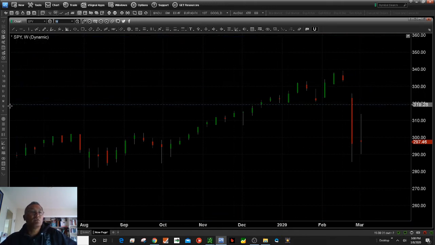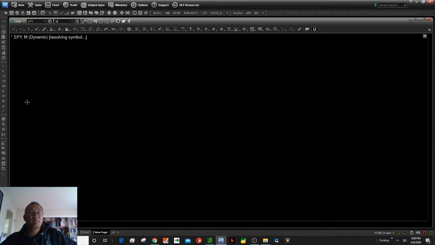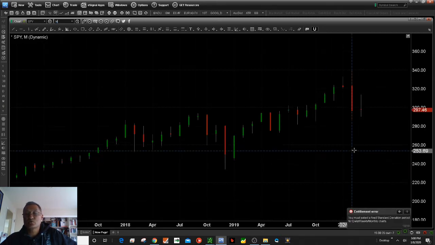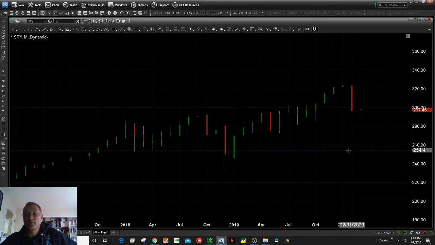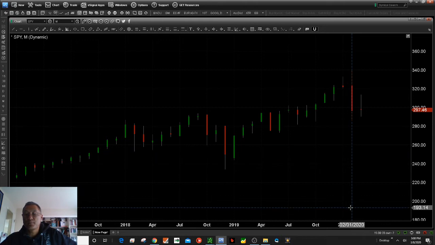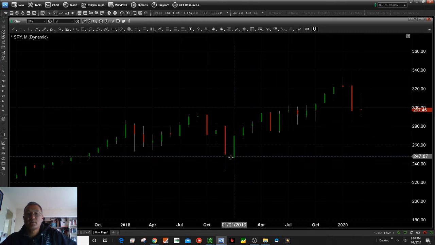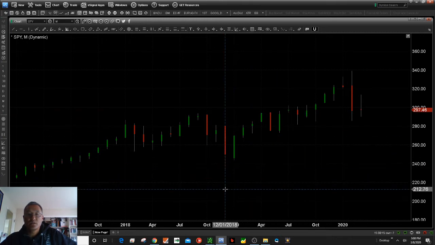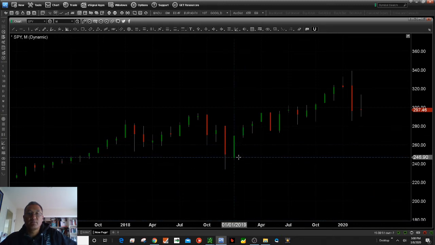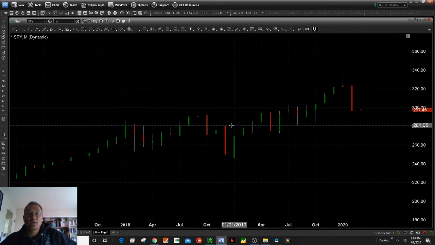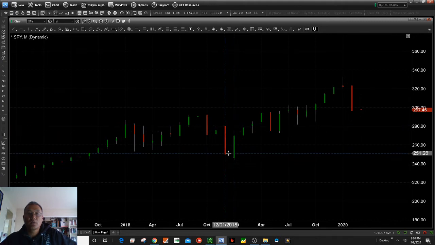And then if you go to the monthly, each one of these candles represents 1 month. Okay, so there's February's month, and we're into March. Here is December 2018's month. You know, where it opened, the high, the low, and the close.